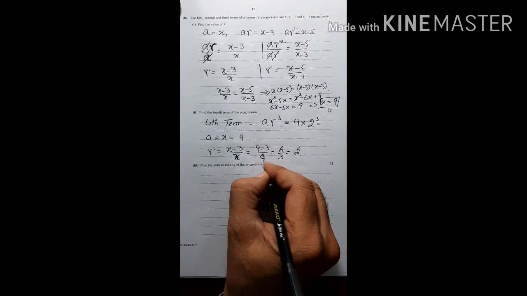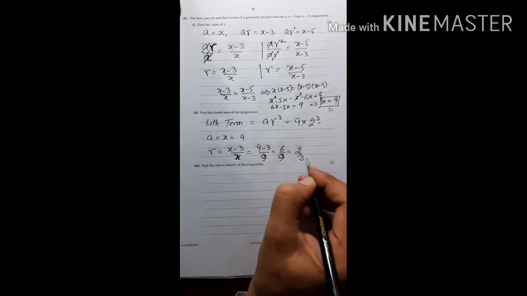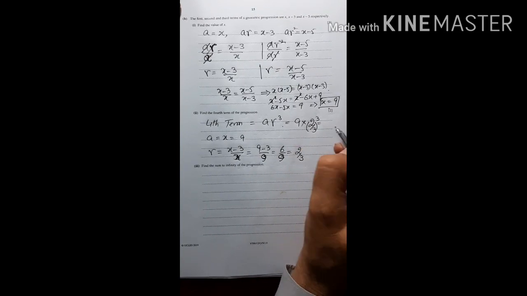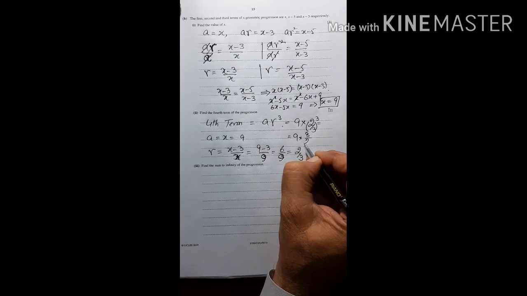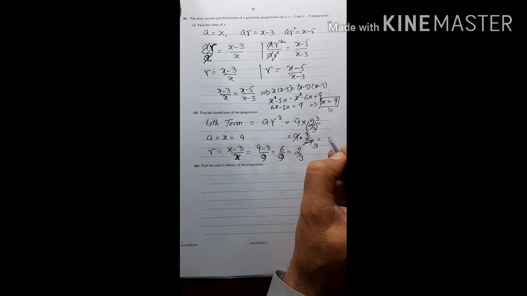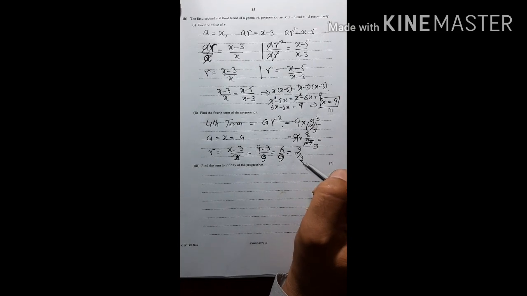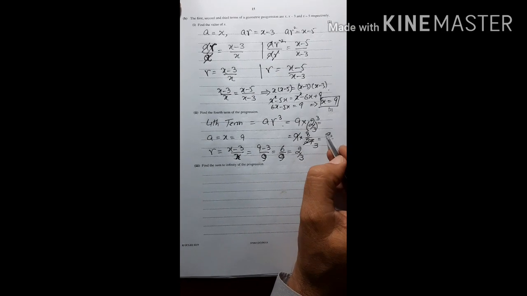So 6 by 9, that is 2 by 3. So 2 by 3 whole cube. It will become 9 into 8 over 27. 9 threes are 27. So 8 over 3 is our fourth term answer.